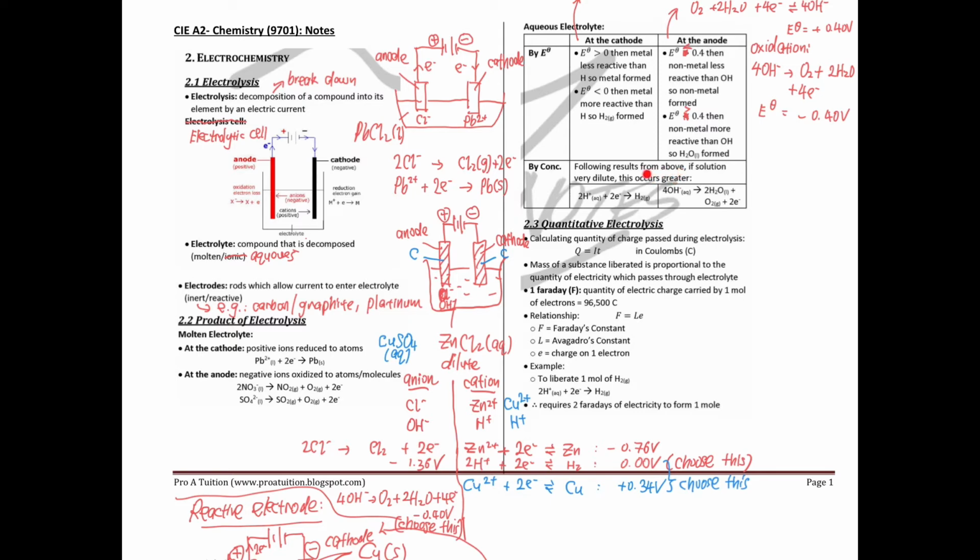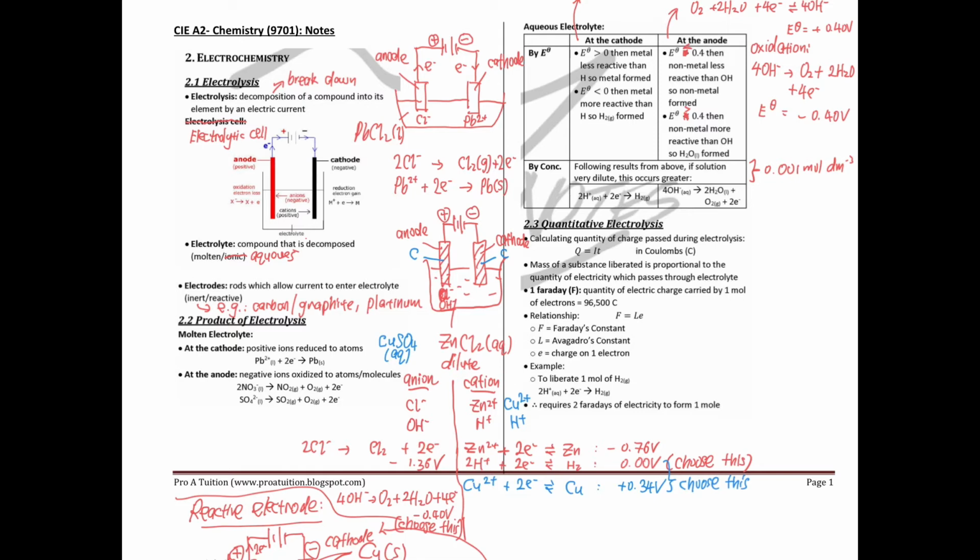Let's take one example, 0.001 mole per dm³. This is very dilute. Very dilute means very little zinc chloride, very little zinc 2 plus ion and chloride ions, and a lot of H plus and OH minus from water.